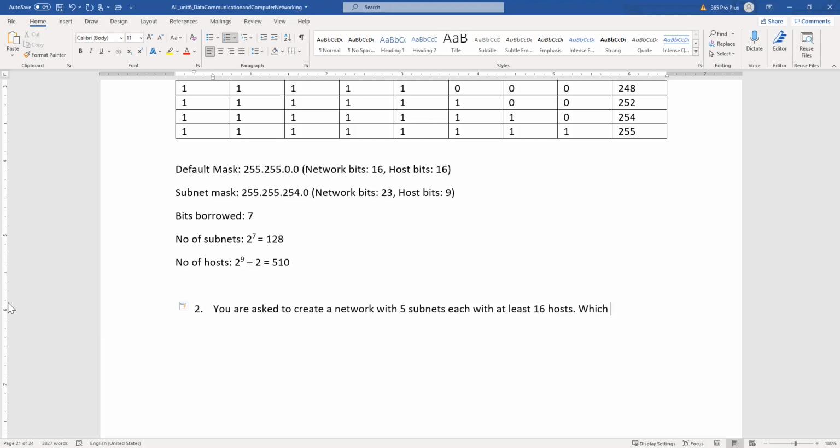Which of the subnet masks is suitable? Identify the suitable subnet mask.